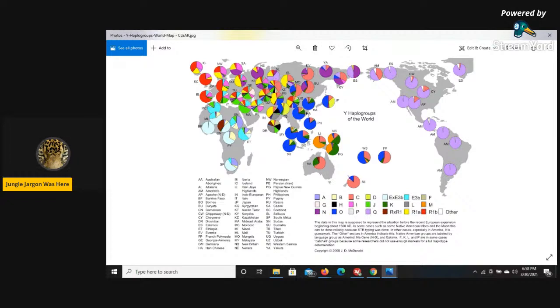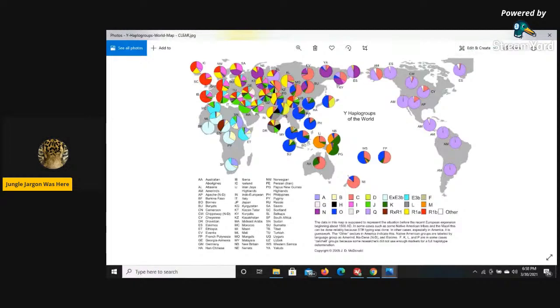But this is a relatively small population compared to this population here. Well, at least people that have done DNA tests. If you count all the people that get DNA tests done, there'll probably be a bigger population.